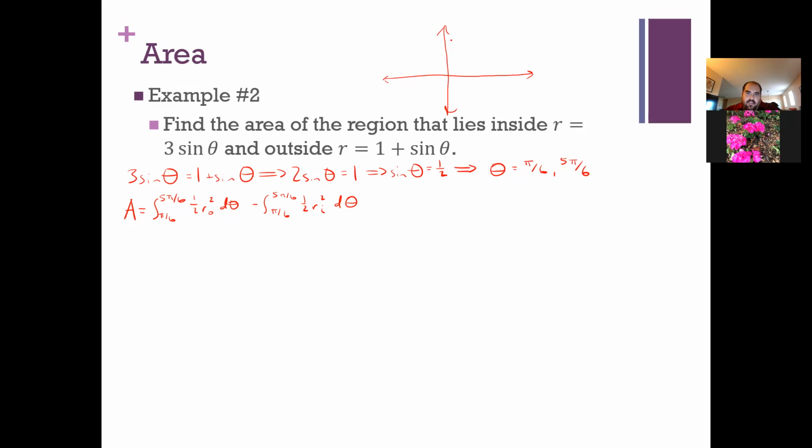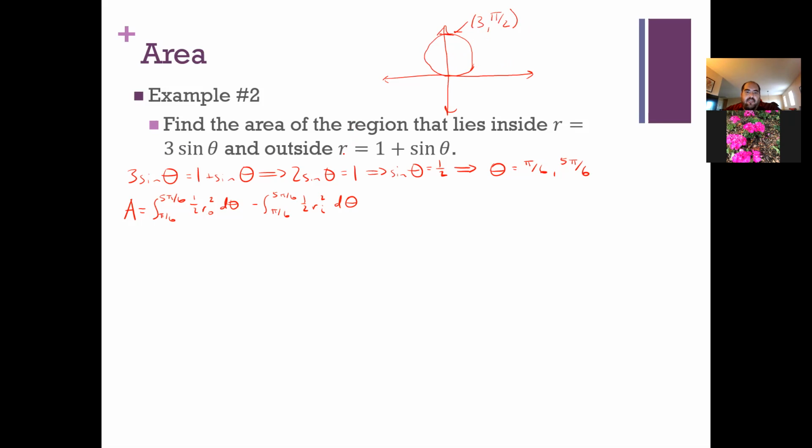Yeah. So I was going to try to draw basically a picture of what's going on here. So the first r value is a circle that touches the origin and has a diameter of 3.